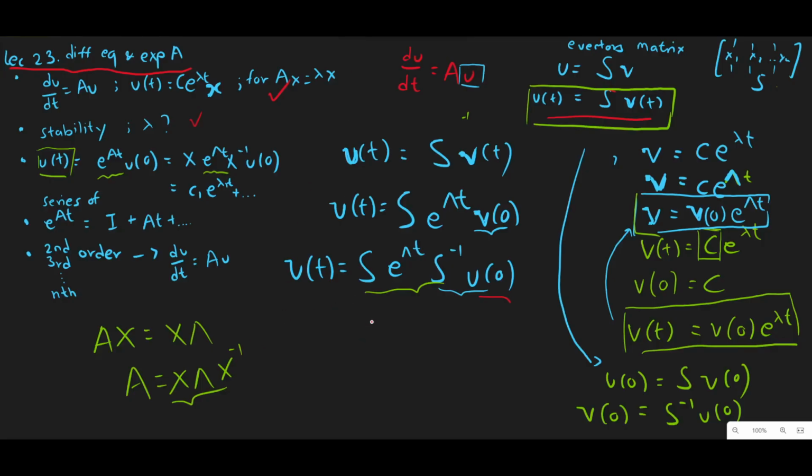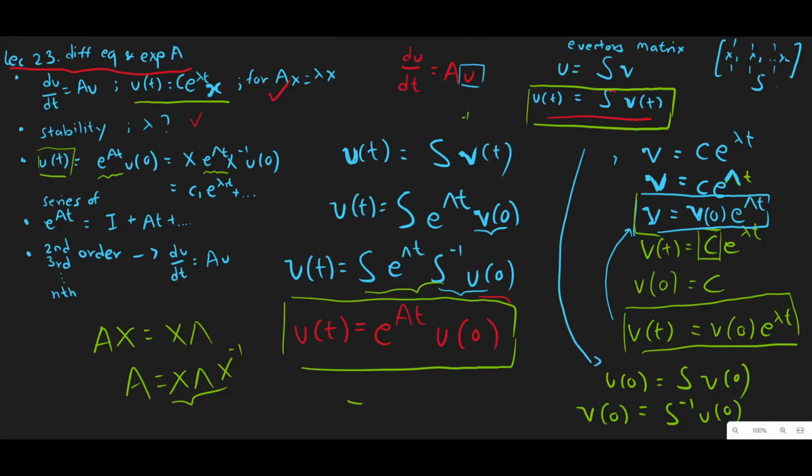Accordingly, we can say, okay, so this is our e to the power of matrix A t times u0. And remember, this is still our ut. We're just expressing it in different terms. So this is what we have in this part, and this is what we have in the initial part.